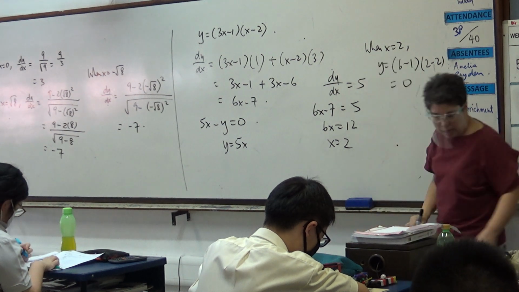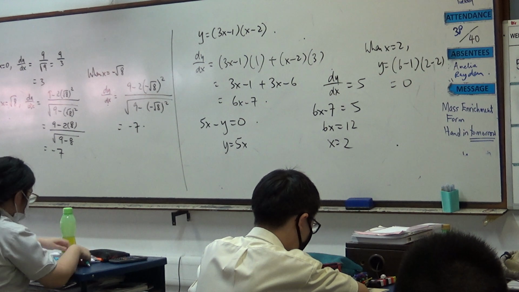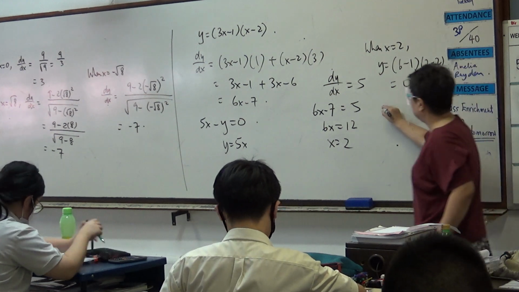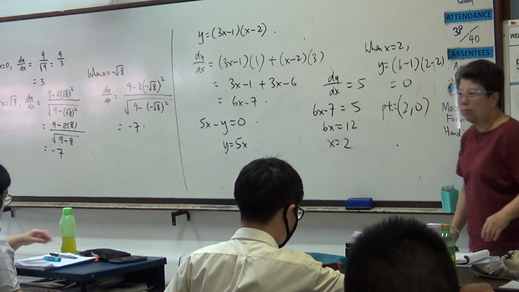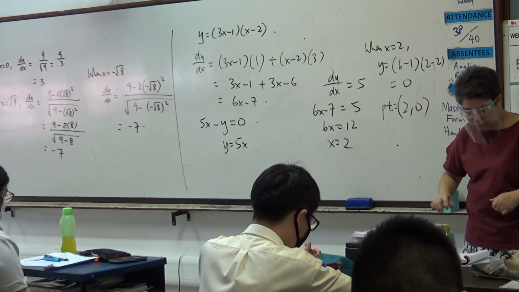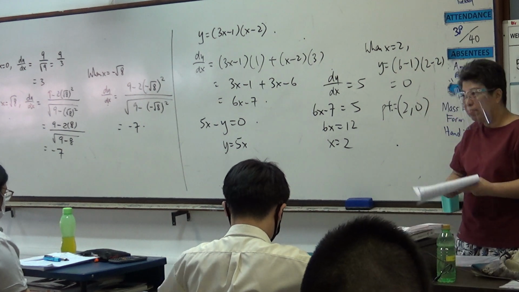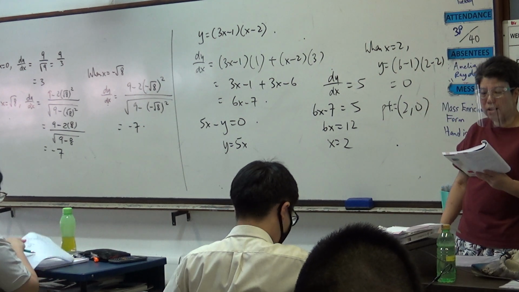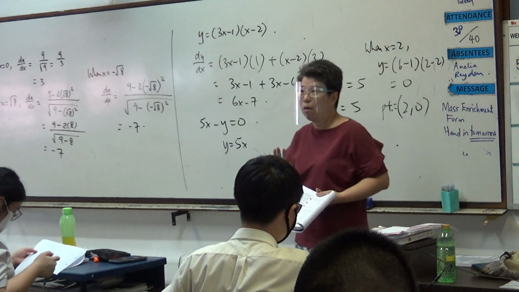And you see y is actually 0. Can you see? So what is the point? (2, 0). That's all. Yes or no?